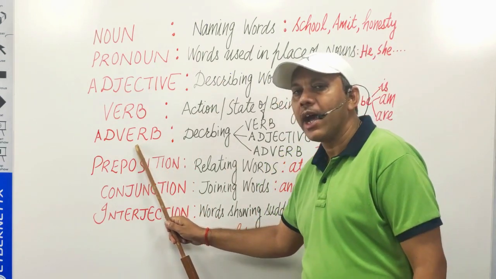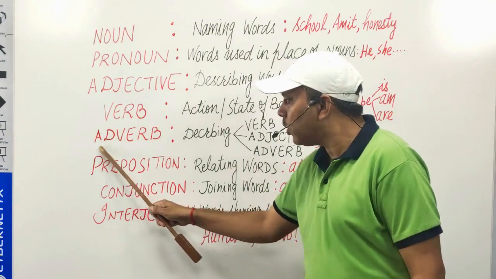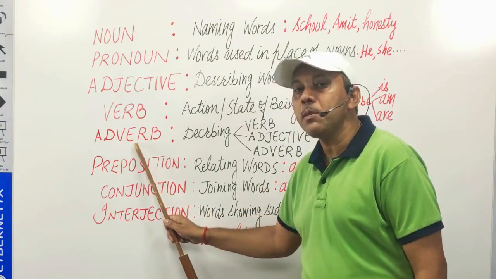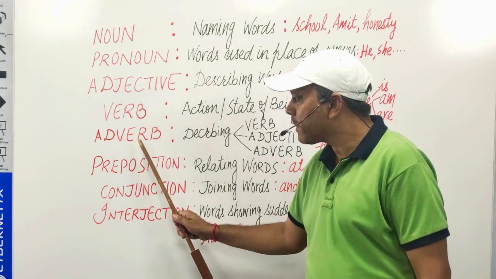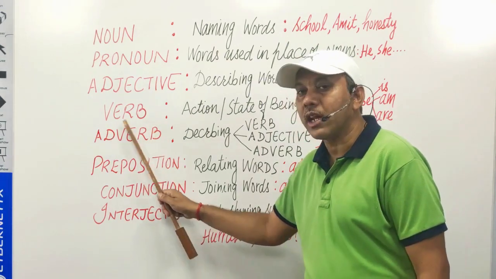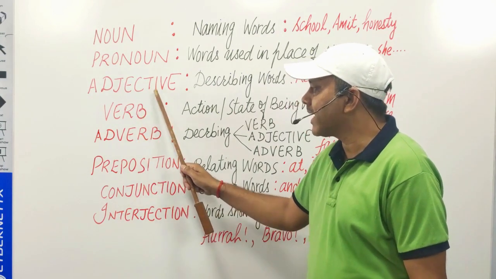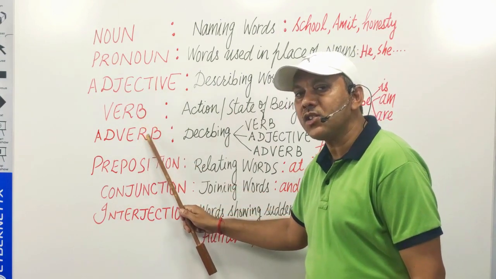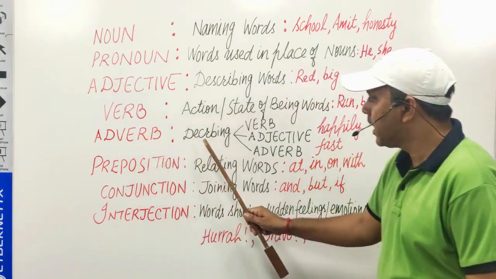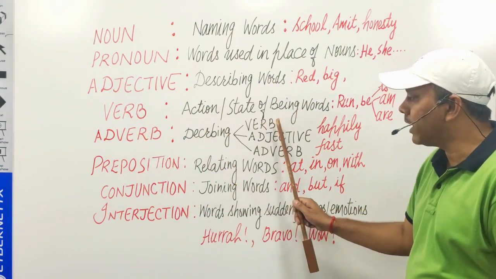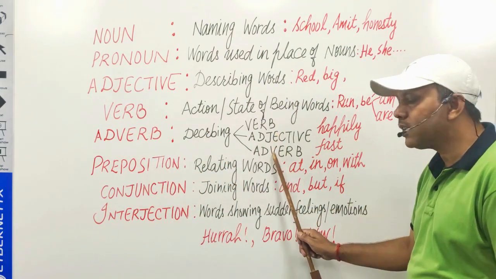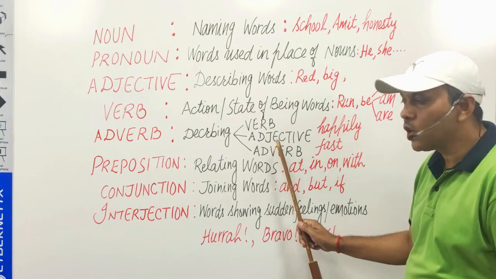And the next is adverb. Adverb is also the busiest part of speech because it adds meaning to verbs, adjectives and adverbs itself, another adverb. It describes verbs, adjectives and another adverbs in a sentence.